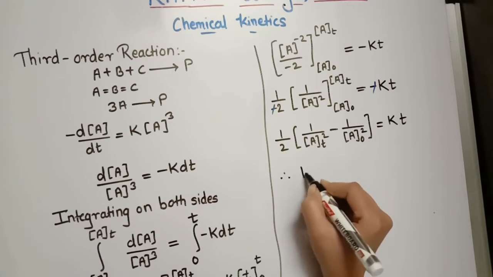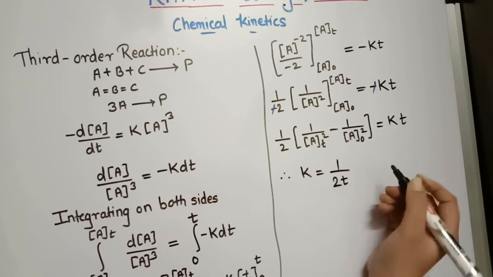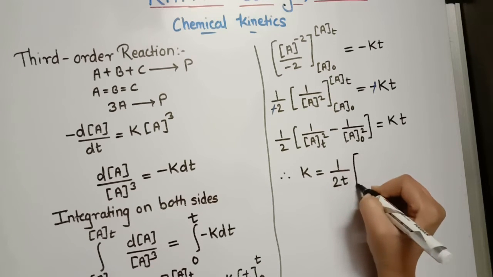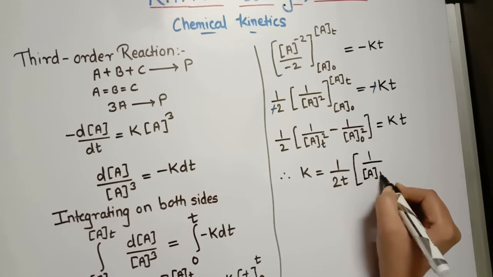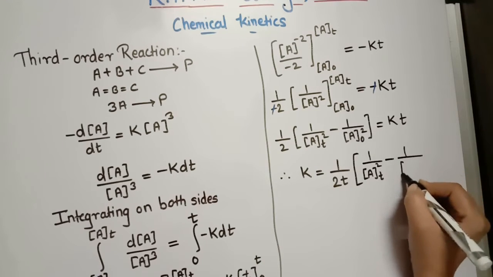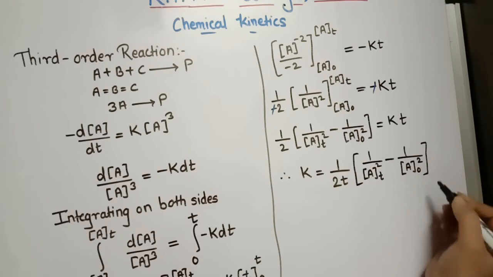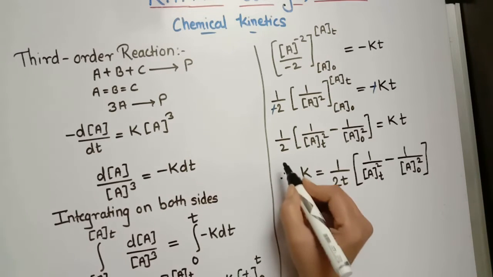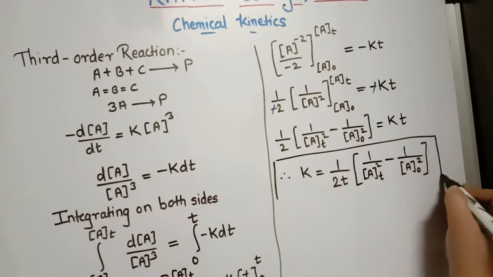Therefore, k is equal to 1 upon 2t into the bracket 1 upon At square minus 1 upon A naught square. Okay, this is the equation for third order reaction.